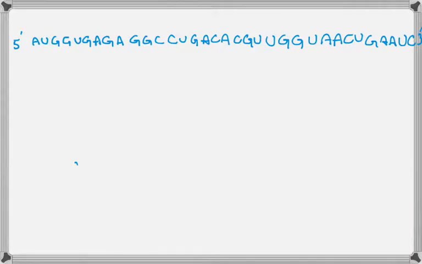This mRNA here, this is our start codon. How do we go from that and figure out our amino acid sequence? Alexi. And what's every group called? What term do we give to that?